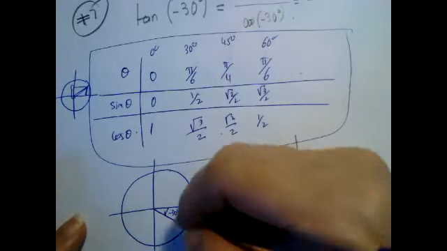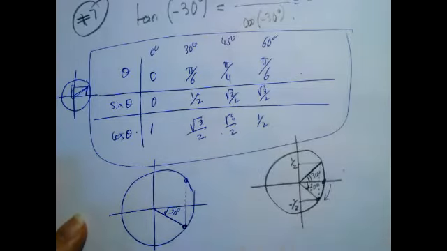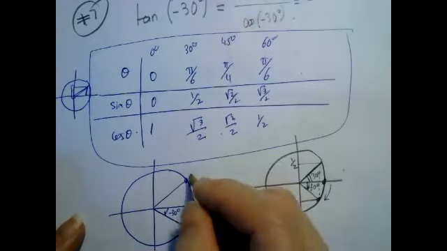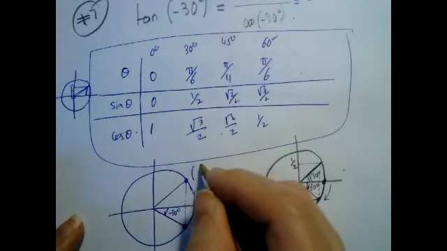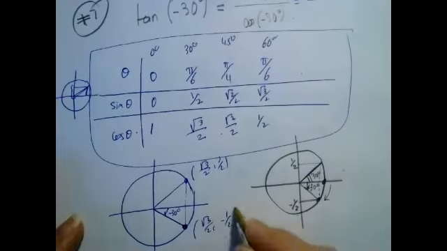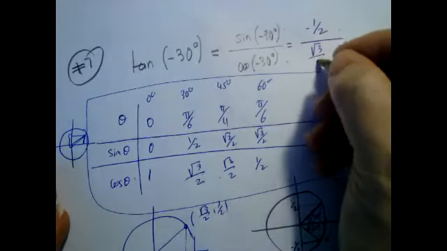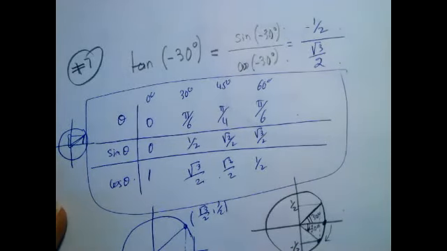Square root of 3 over 2, absolutely correct. So I take this point. This here is the square root of 3 over 2 and a half. So this point down here will be square root of 3 over 2 and minus a half. So cosine of minus 30 is the square root of 3 over 2.